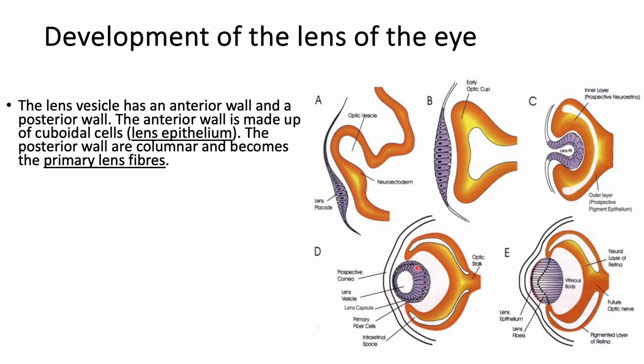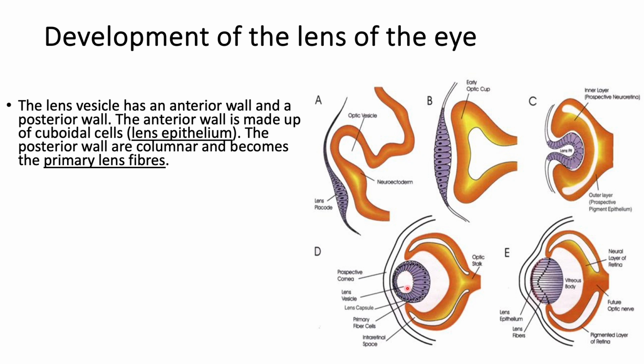If you have forgotten your basic histology, go and look at the video on epithelium to refresh your mind. So you have columnar cells, as you can see, and then cuboidal cells. So that is how the lens begins its maturation.